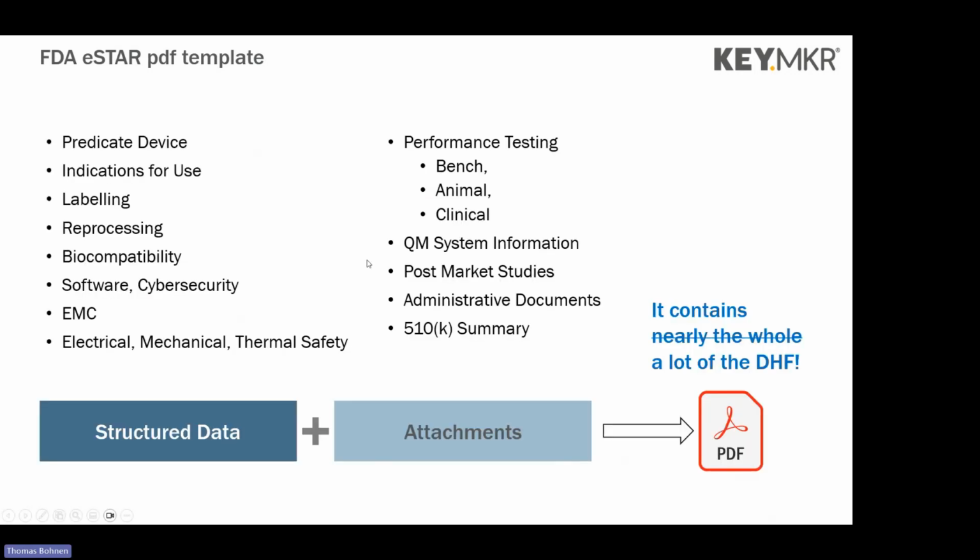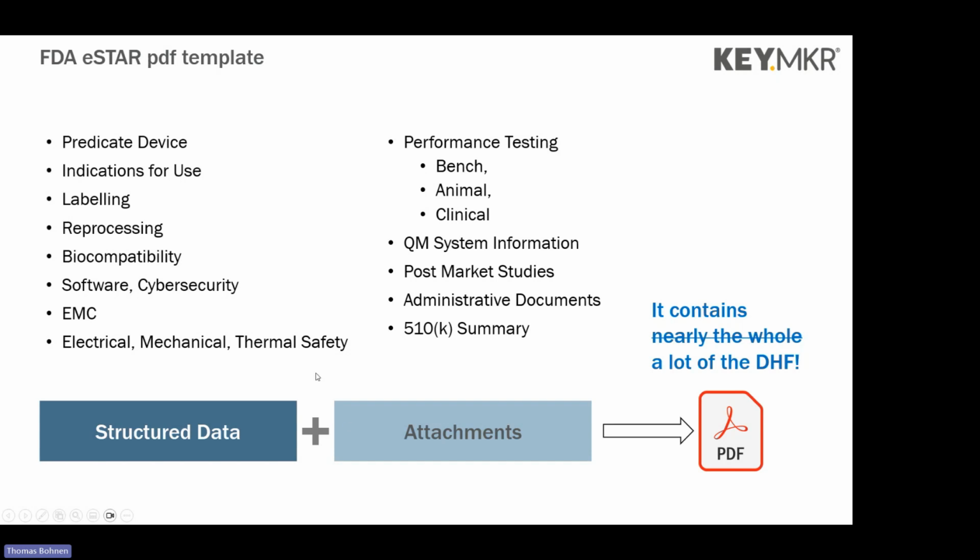There are more. Basically everything that you know from a 510K. You have to describe your predicate device, labeling, biocomp, as we've seen, EMC, all the safety tests, and so on and so on. And what you have to input is not only the structured data that you've seen, where you choose from a drop-down list, like "we're in contact with intact skin."